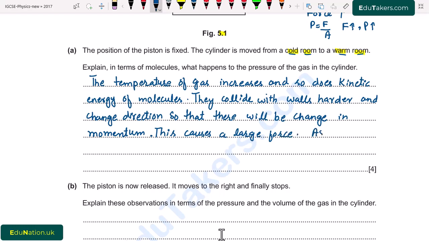As pressure is equal to force over area. So walls of the cylinder experience greater pressure because here force is larger.